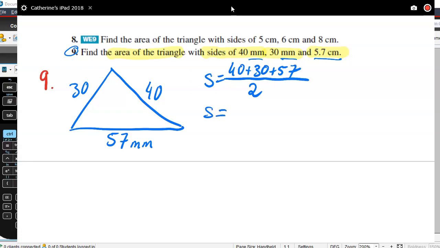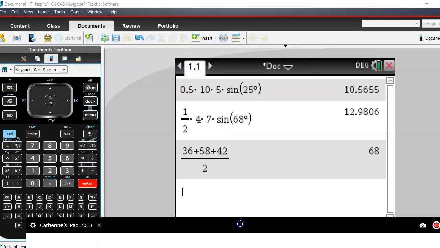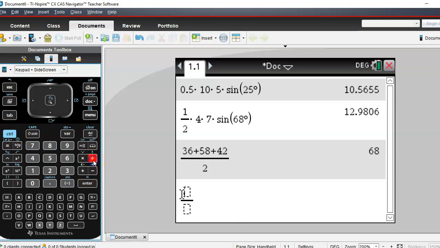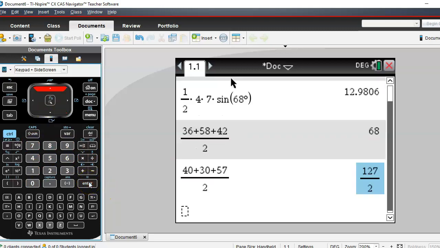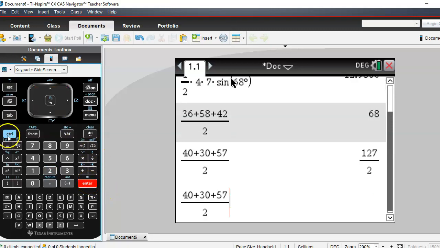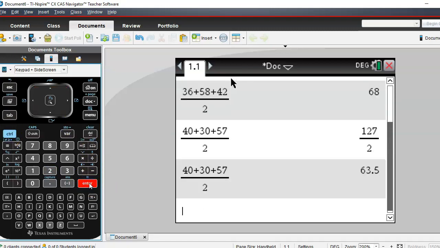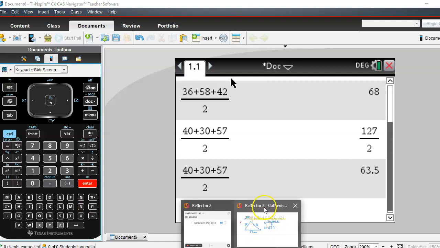S equals, okay, 40 plus 30 plus 57 over 2. Okay, so that's 63.5.